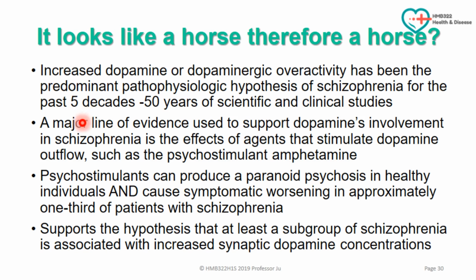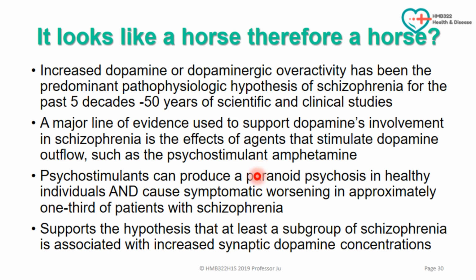Some of this is based on experimental data from animal models, some of it's based on observational studies in humans, and there's absolutely no doubt that the dopaminergic system is going awry, but we don't really understand why. There are many different drugs that will overactivate the dopaminergic system, especially psychostimulants like amphetamine.